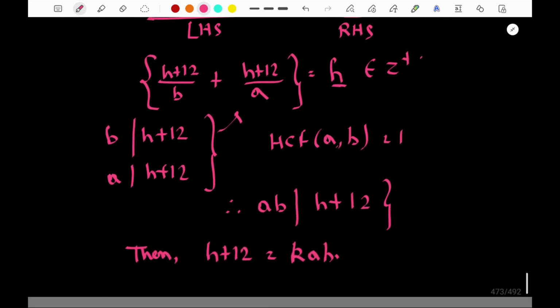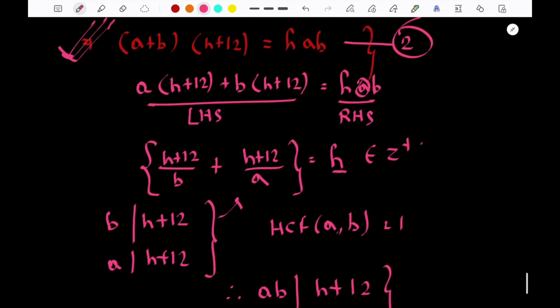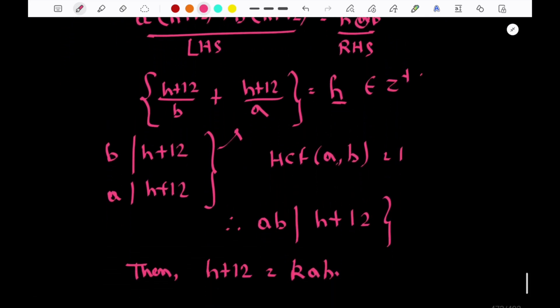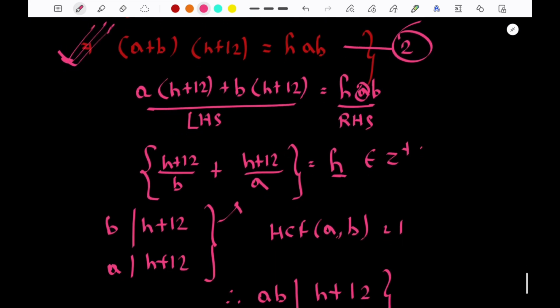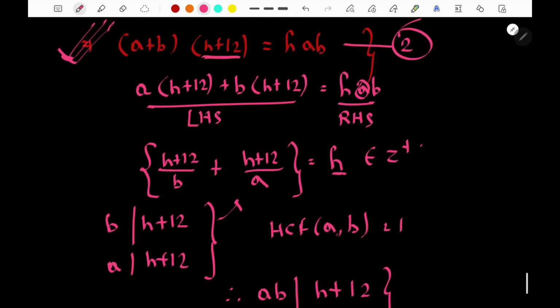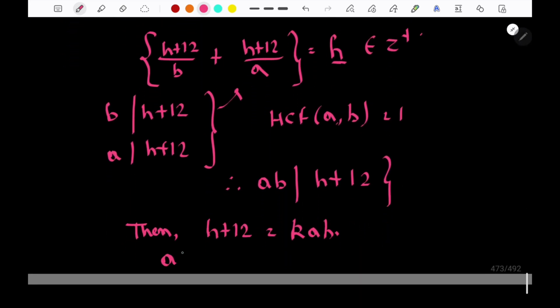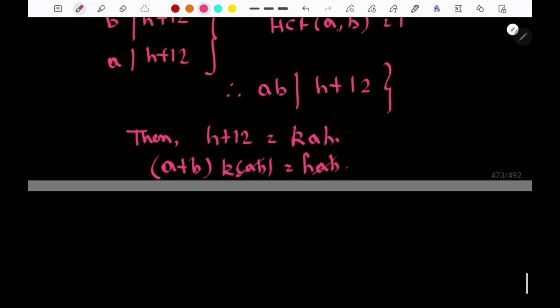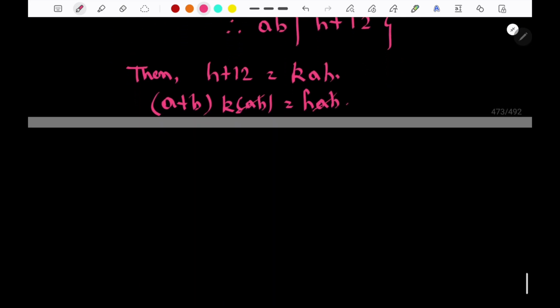We know h plus 12 is equal to kab. So if I substitute in 2, (a plus b) into kab will be equal to hab. Since ab is positive, ab can be cancelled. So basically what is left is k into (a plus b).